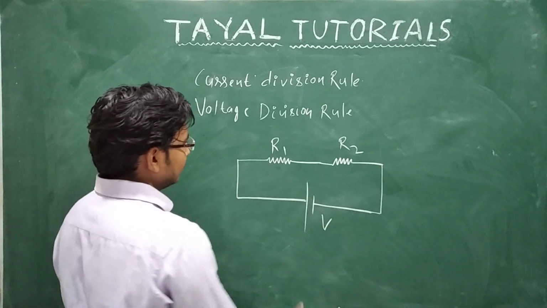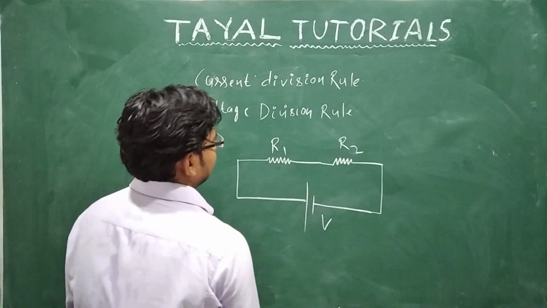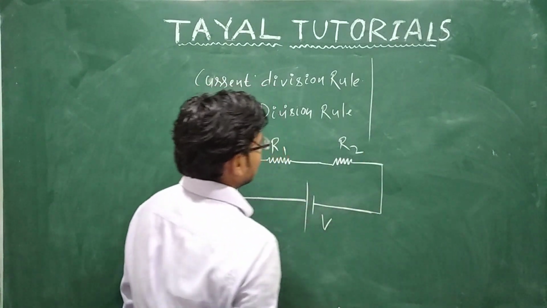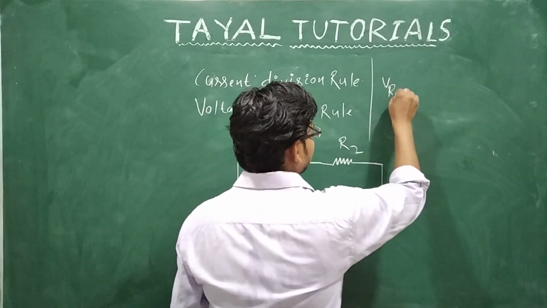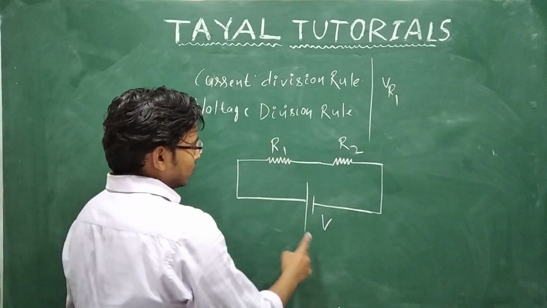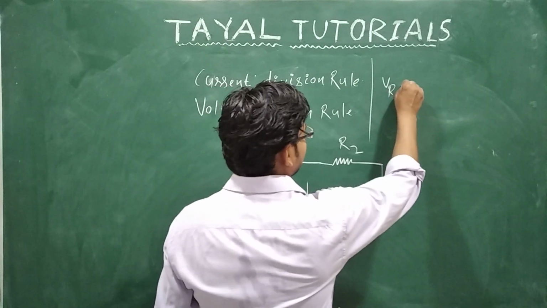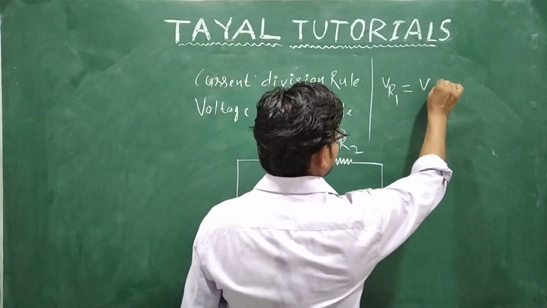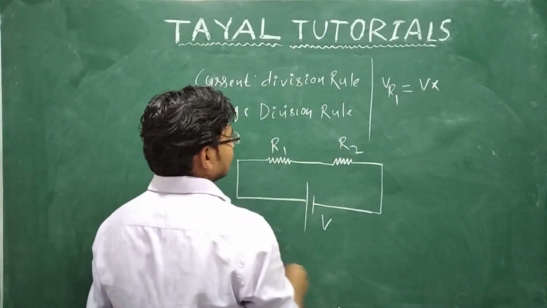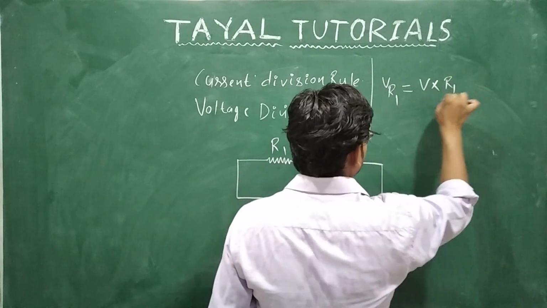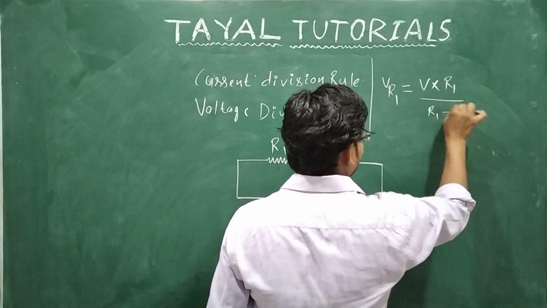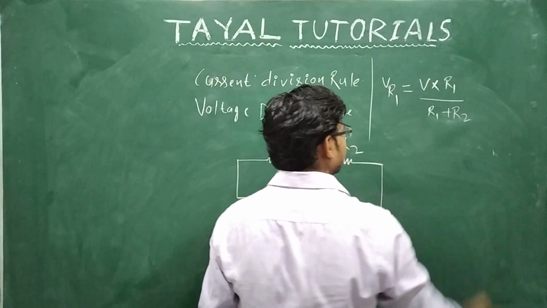You can simply apply it to the voltage across R1. Voltage across R1 is equal to the complete voltage V into R1 divided by R1 plus R2.